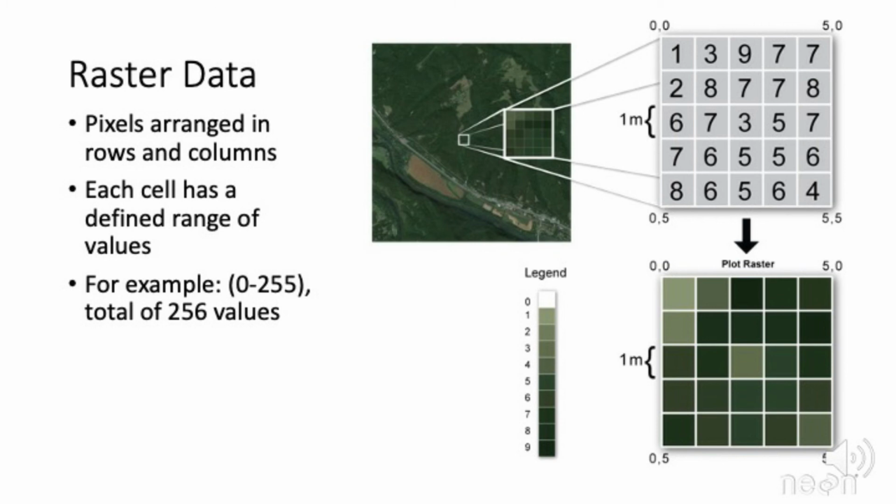So here you can see that we have a satellite imagery that has rows and columns, and every pixel has a number. The number normally ranges between 0 to 255.